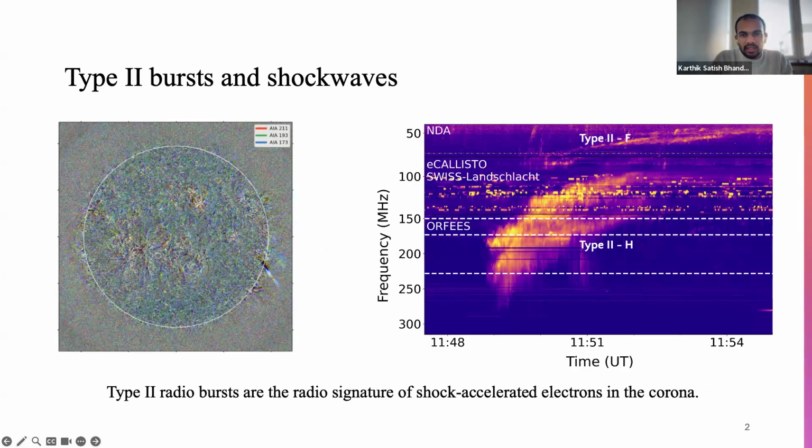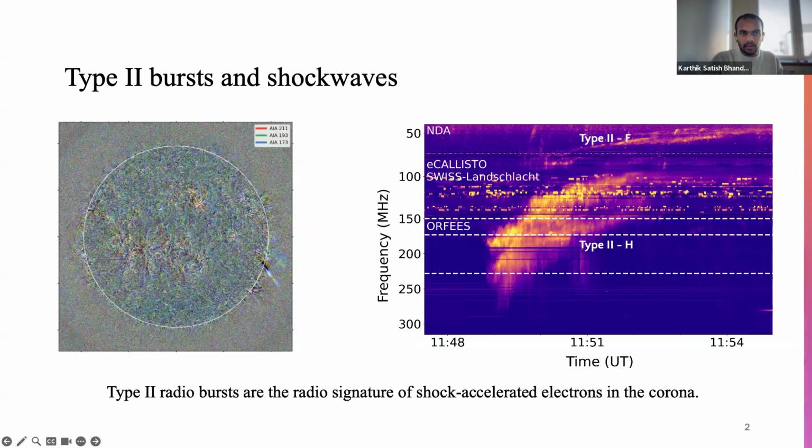It's not usually the case, actually. There was a study published recently which compared the intensities of the fundamental band and the harmonic band. It was found that for events that are close to the limb, the harmonic emission is usually stronger. But again, this is linked to scattering effects, meaning that the fundamental band undergoes more scattering in the solar atmosphere, whereas the harmonic band just passes through it.